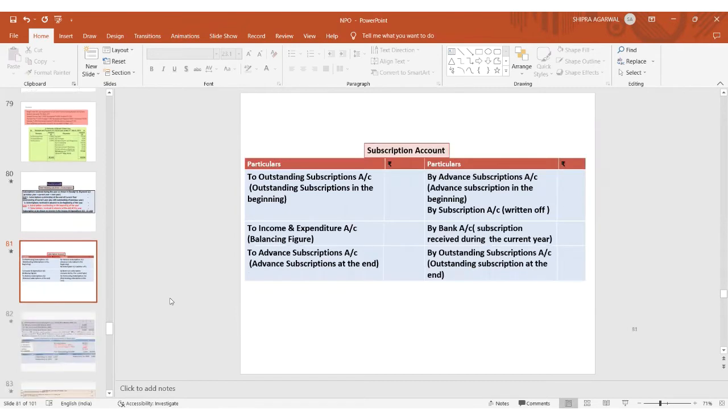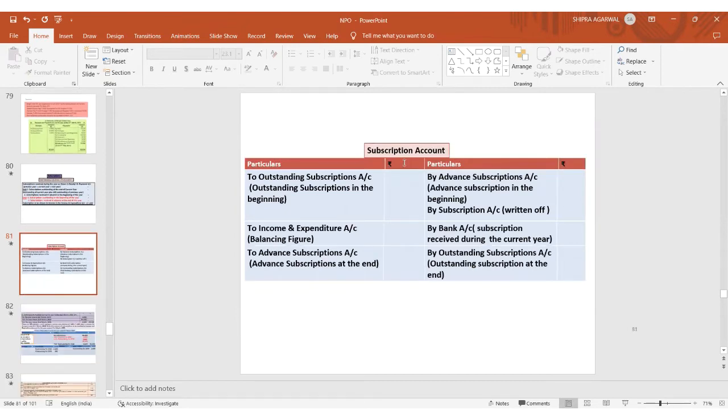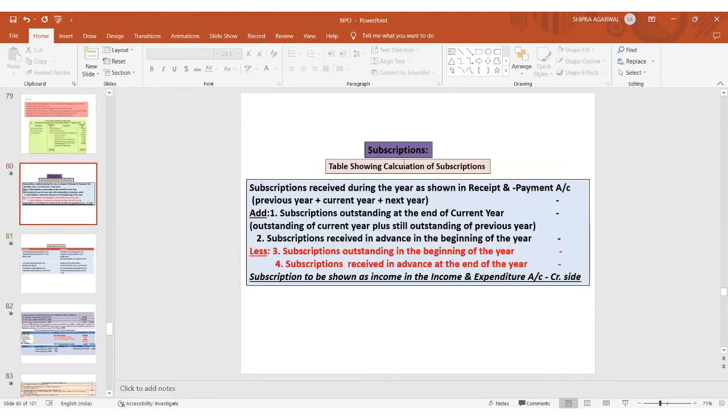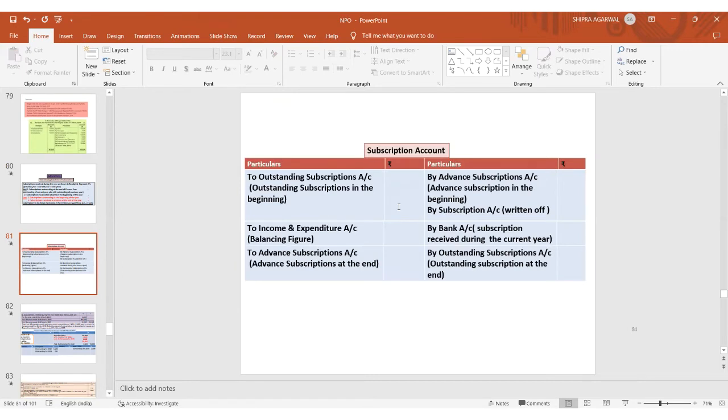If you want to prepare the subscription account, the thing you have to calculate is this one. But if you want to show it in the account form, because some students are more familiar, or more at ease with the subscription account, accordingly, you can prepare it.